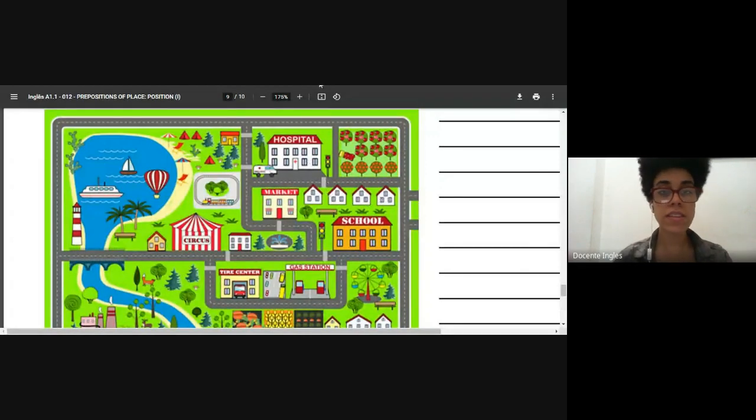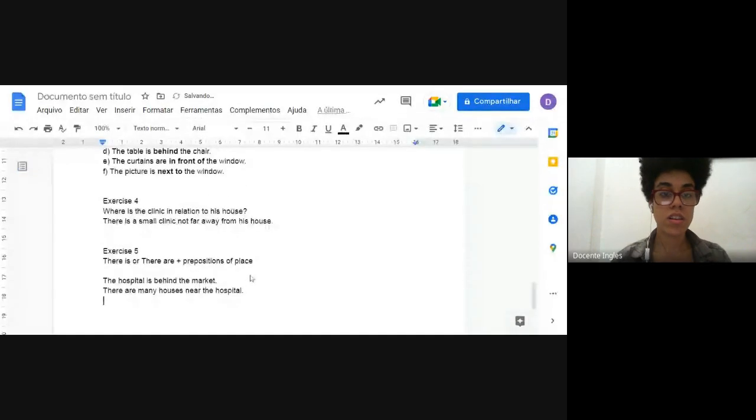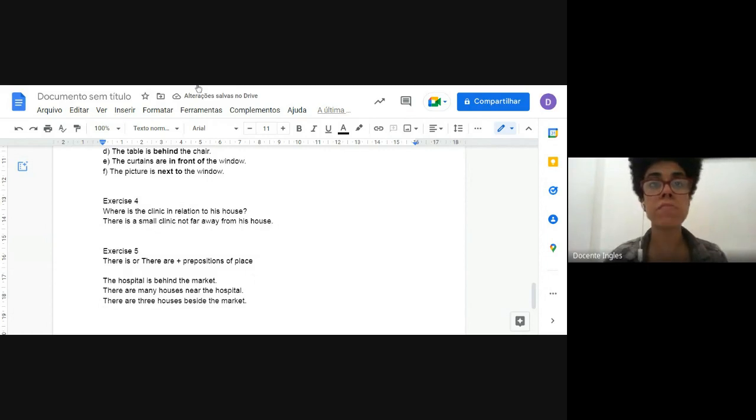We can use the same houses and say that there are 3 houses beside the market. Remember, you have many possibilities inside this map. Okay, I'm just listing 5. So far, I listed 3. We have 2 more to go. Okay.